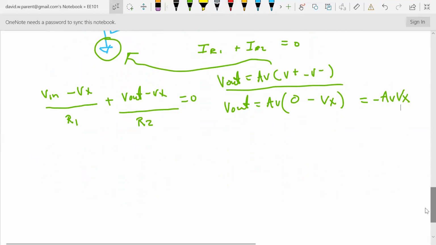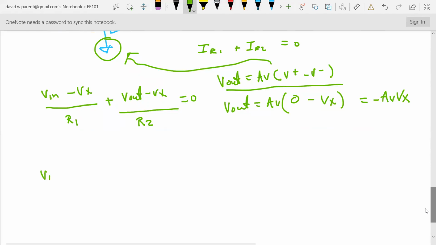Now, we have a choice here. Ultimately, we want V out versus V in, and so we're trying to eliminate Vx. But we're going to come up with a relationship where it's actually better to solve for Vx, and then you kind of know what Vx is all the time. Let's just do that. So we're going to substitute V out into this equation.